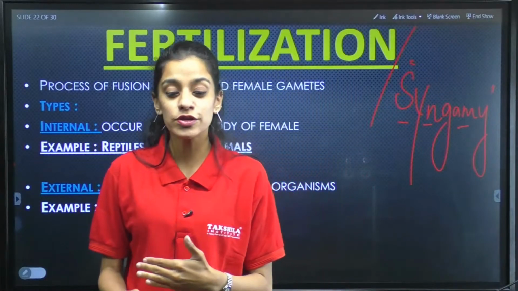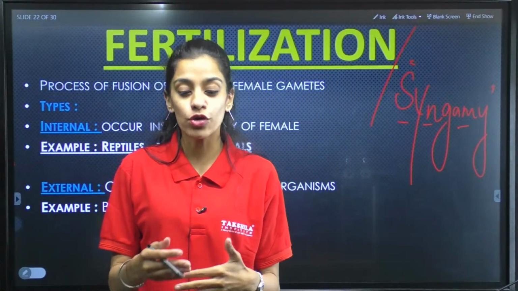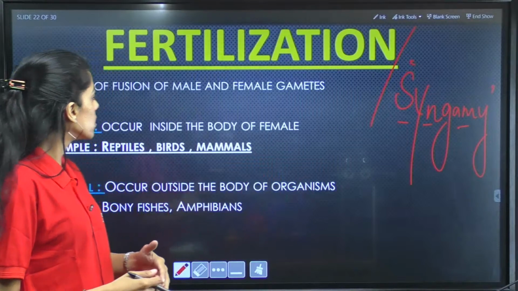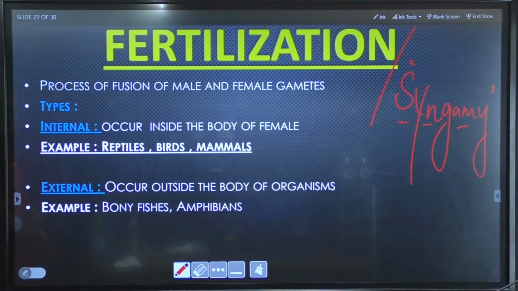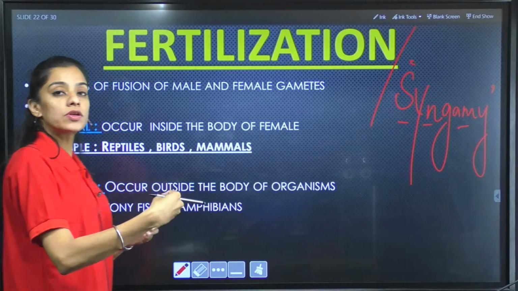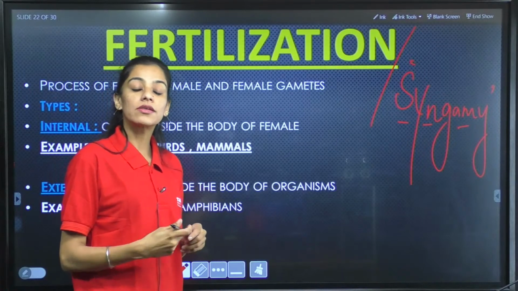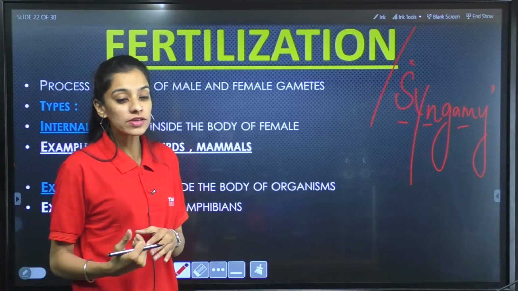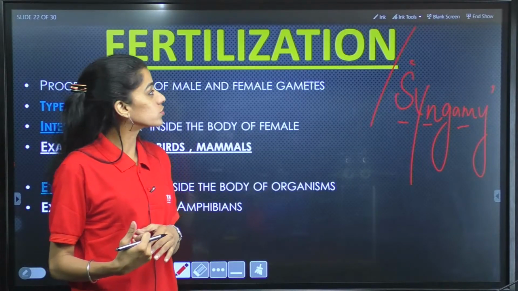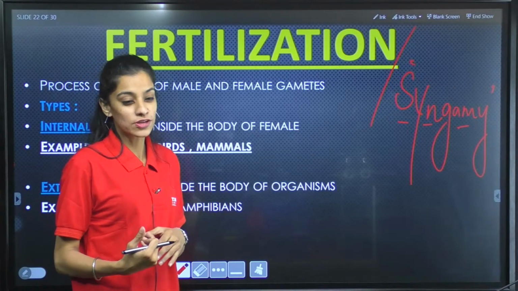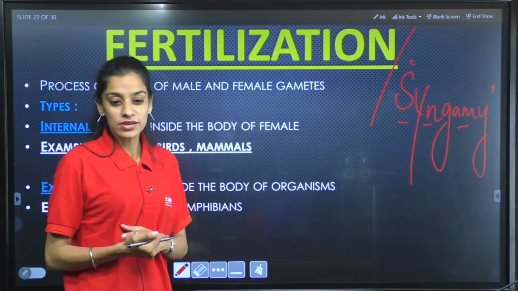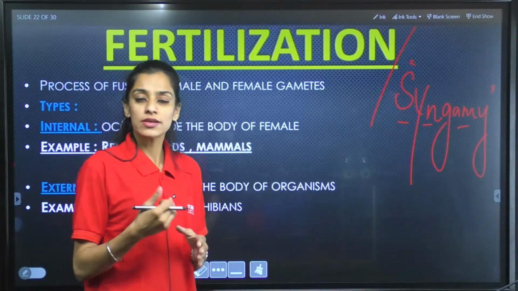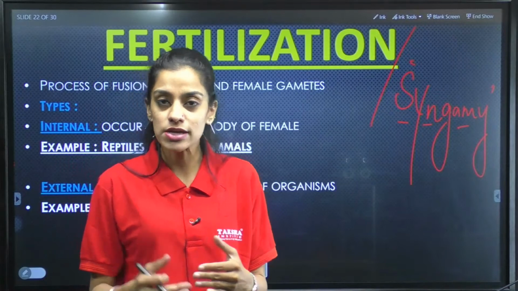Syn designates something which is blending or fusing together, right? So that is syngamy. So fertilization is the process of fusion. If we are talking about plants, the male gamete, the pollen grains that have come, will be fusing with the female gamete, that is the egg. So that is your fertilization, or it is also referred to as syngamy, and the events of how it takes place we are going to discuss in the next chapter.